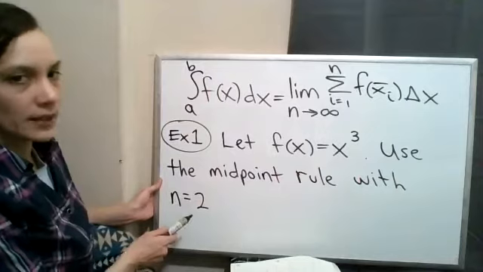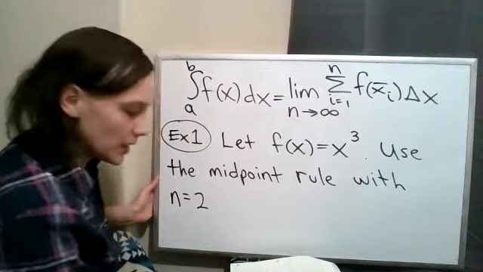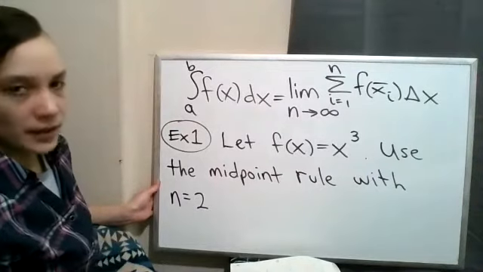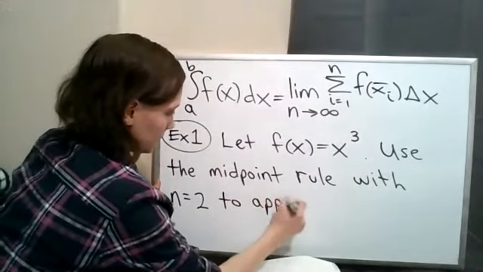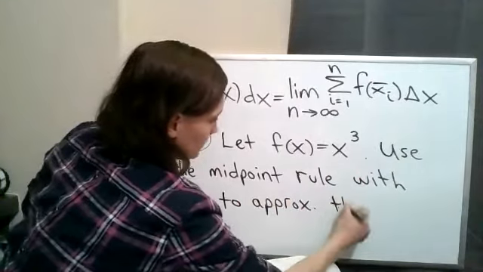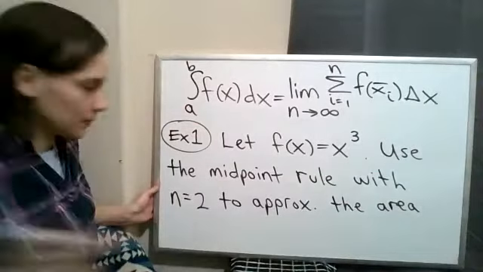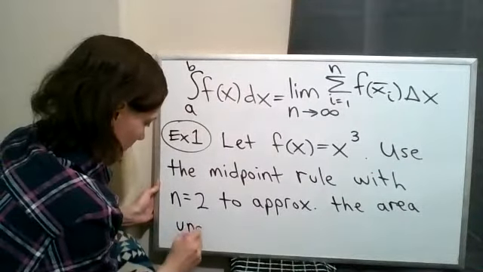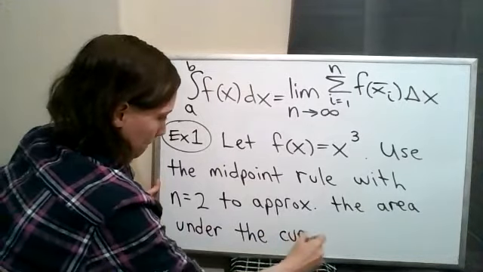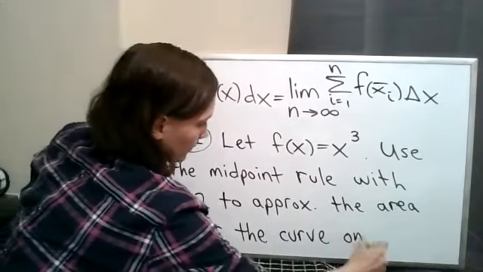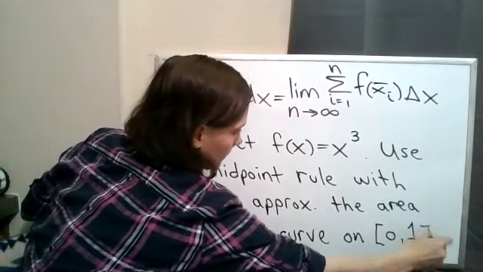So we're going to build 2 rectangles and add their areas together. Okay, so we're using this to approximate the area under the curve on the interval from 0 to 1.